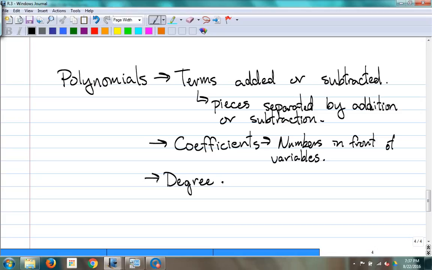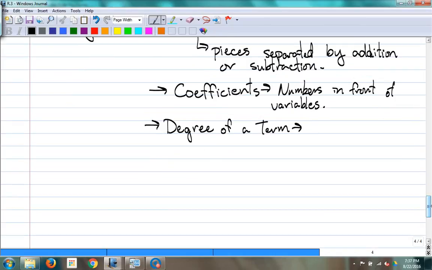Degree of a term. Degree is kind of like a property of a polynomial. So if we're talking about the degree of a term, that deals with the sum of the exponents. So this is where this relates to what we were talking about earlier, the exponent stuff. So the sum of the exponents on the variables only.